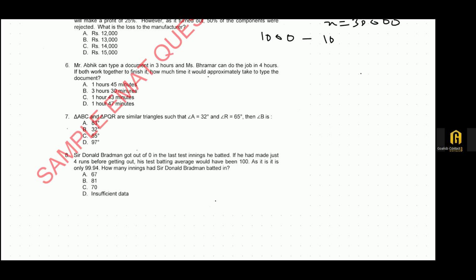If he had made just 4 runs before getting out, his test batting average would have been 100, as it is 99.94 only. How many innings did Donald Bradman bat?